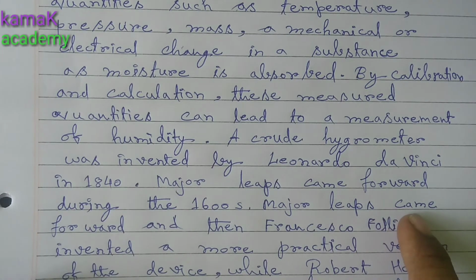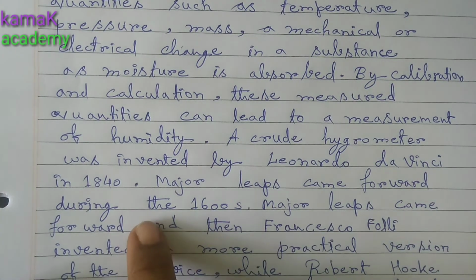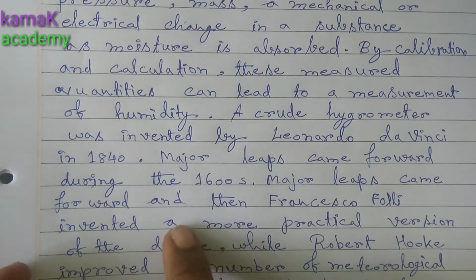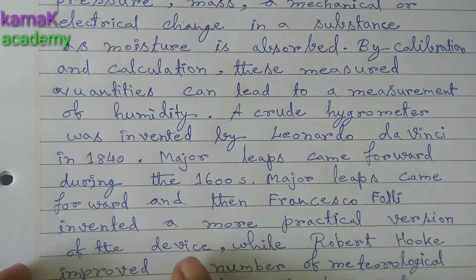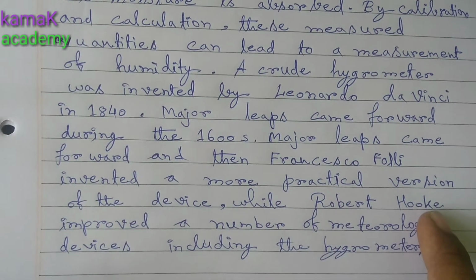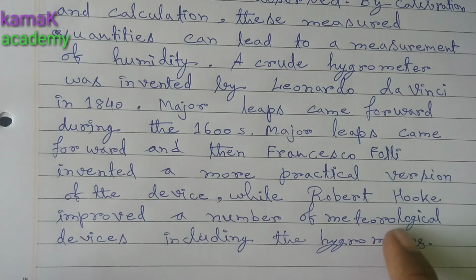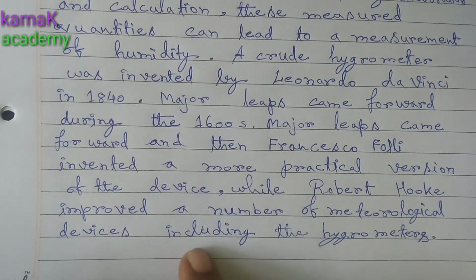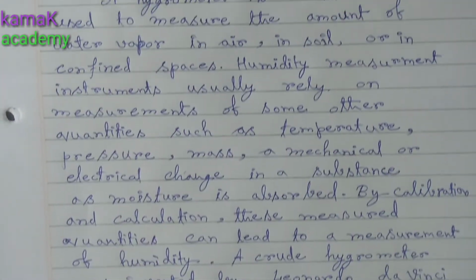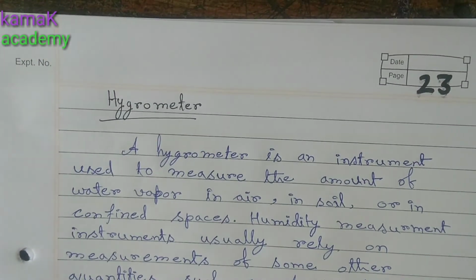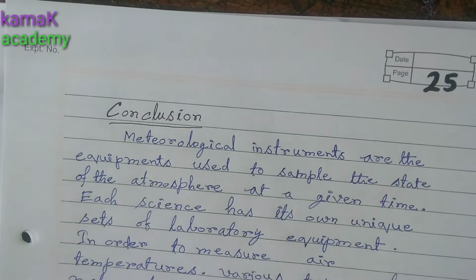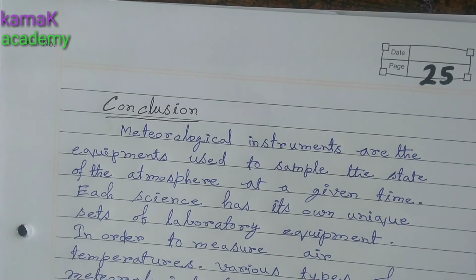Then Francesco Folli invented a more practical version of the device, while Robert Hooke improved a number of meteorological devices, including the hygrometers. Full stop. This page is 23. Come to the next page. Next page is conclusion.